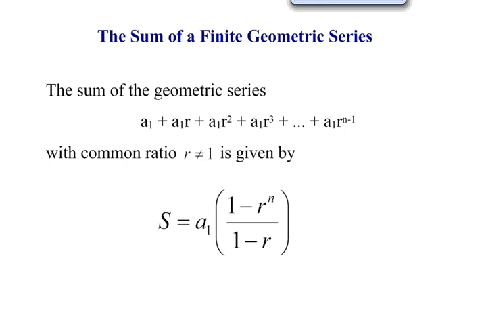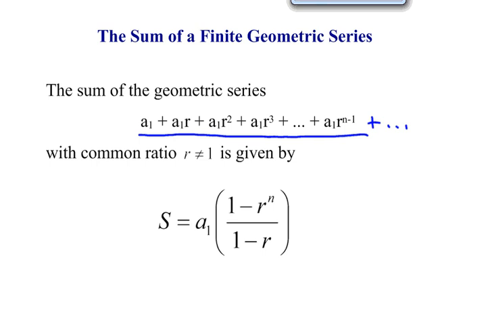So a finite geometric series has a different formula, right? Obviously, finite means a specific number of terms. So we're not adding on forever. Notice this right here. It looks similar to the infinite geometric series, but it doesn't have the plus dot dot dot on the end because it doesn't go on forever.